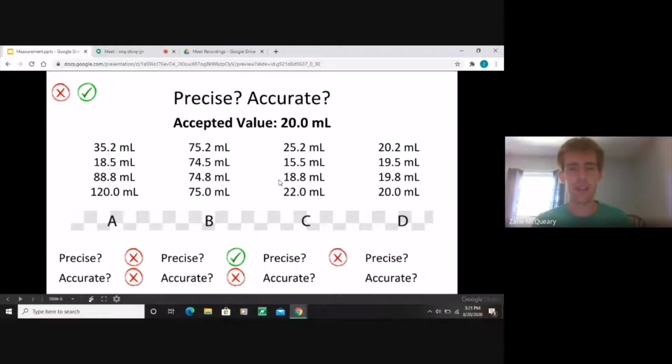So not very precise, but you can make the argument that because their average is close, they're kind of accurate. D, on the other hand, is where you want to be. All these numbers are right around 20, and that's the number we wanted to get. So they're precise and accurate.